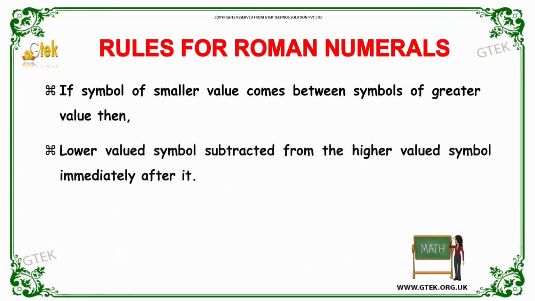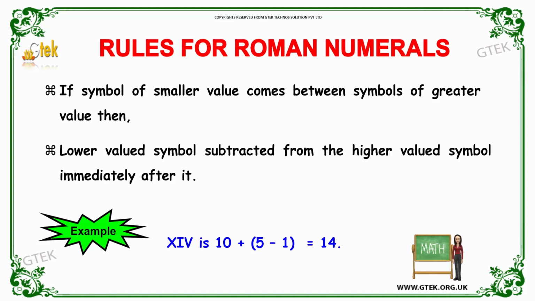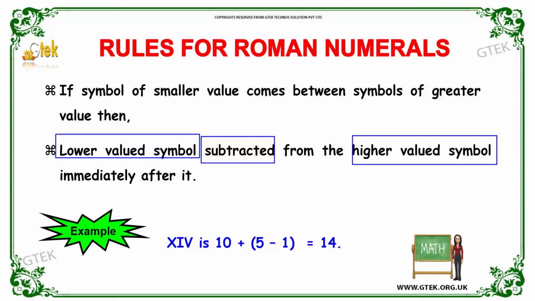Moving on, we are going to see if a symbol of a smaller value comes between symbols of greater value. In that case, the lower valued symbol must be subtracted from the higher valued symbol immediately after it.